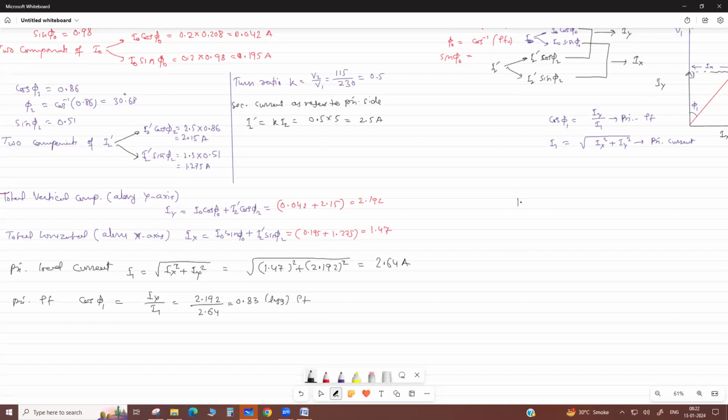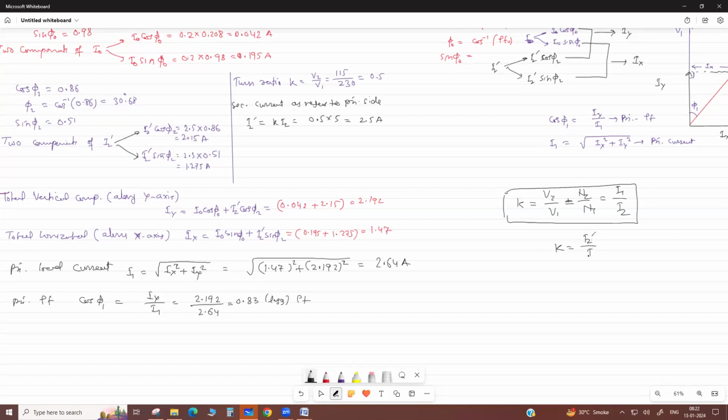You can use K equals V2 by V1 equals N2 by N1 equals I1 by I2. This is actually for the ideal case.